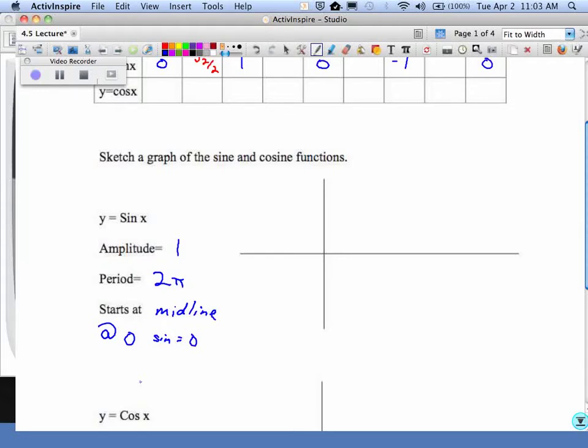So the graph looks like up 1, down 1. We're going to do the same critical values up there. 0, pi over 2, pi, 3 pi over 2, all the way out to 2 pi.